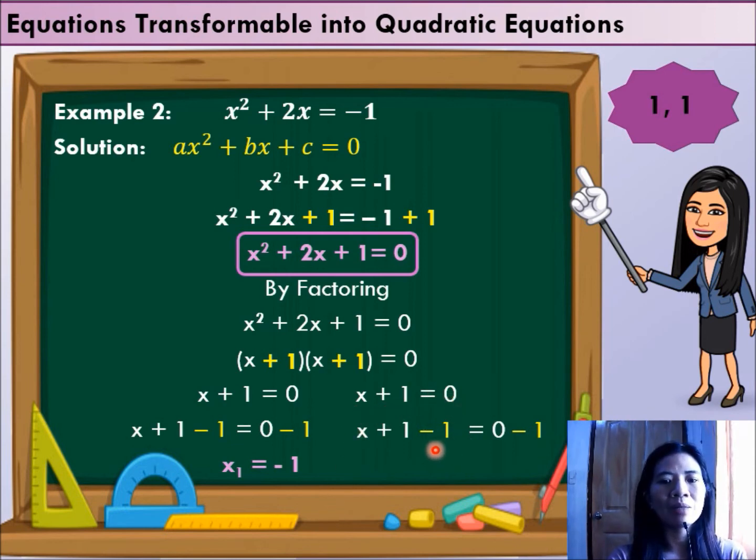Again, we will add both sides of the equation with negative 1, so we can solve for x sub 2, which is also equal to negative 1. If you notice, the solutions are equal, which is negative 1. Meaning our solutions are real and equal.